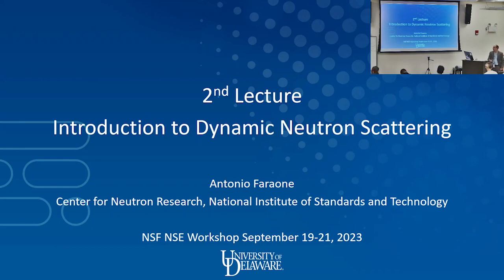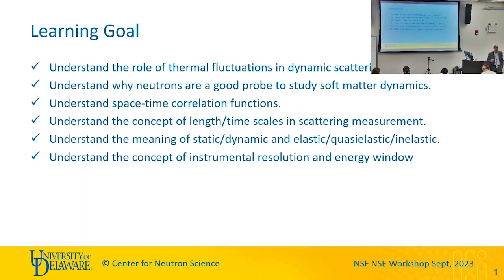Okay. So the second lecture today is an introduction to dynamic neutron scattering, and essentially the goal of this lecture is to give you all the concepts and information that you need to understand the third lecture about spin echo.